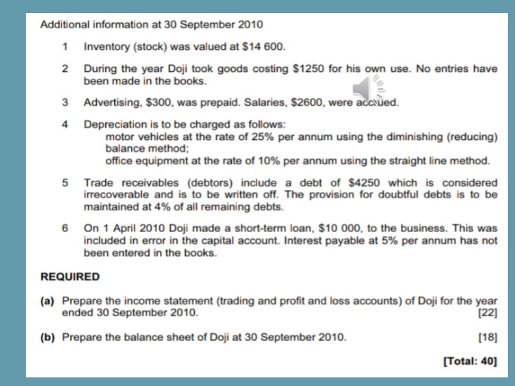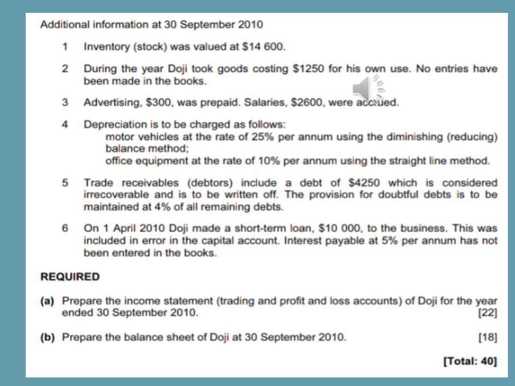So this is an accrued expense that has to be included. The expense for salaries that is shown in the list of balances does not include this 2,600. This 2,600 is the current year expense, so this has to be included, right?